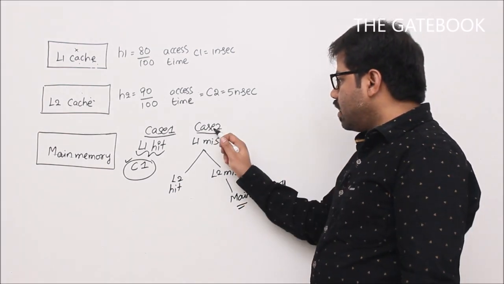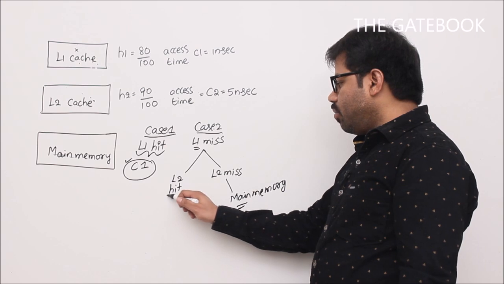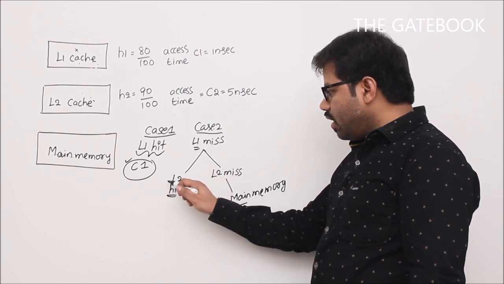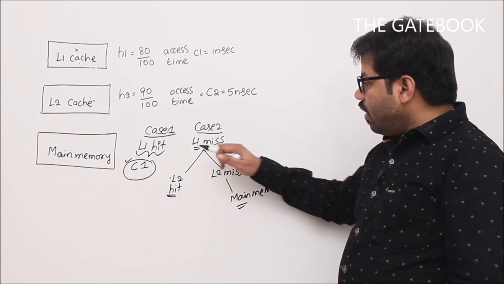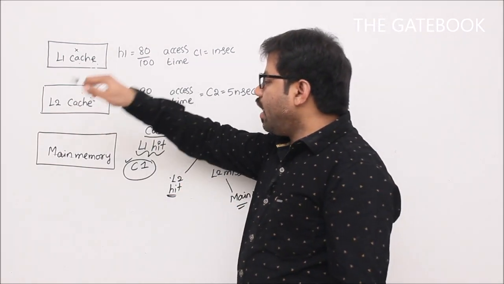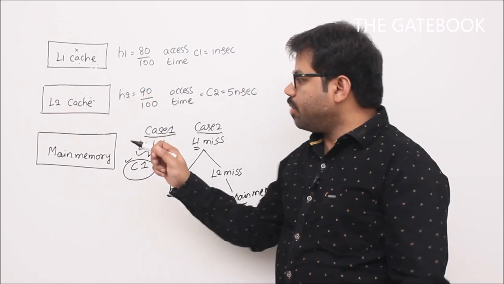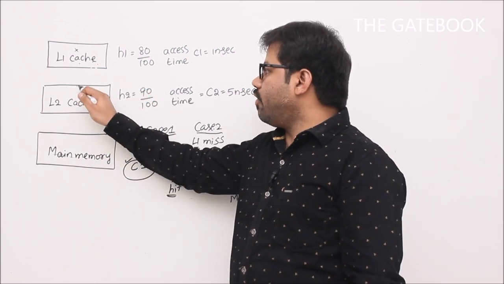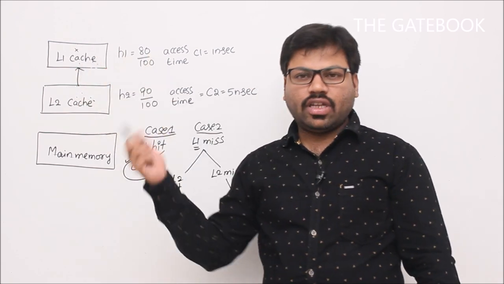Now we come to case number 2, when an L1 miss occurs and L2 hits. If L1 misses and you get the data in L2, then according to our hierarchical access, which is what this method is called, we first transfer the data from L2 to L1, and after that we fetch it.